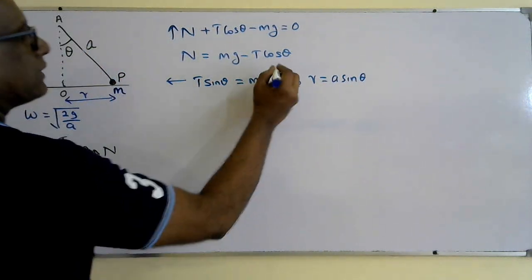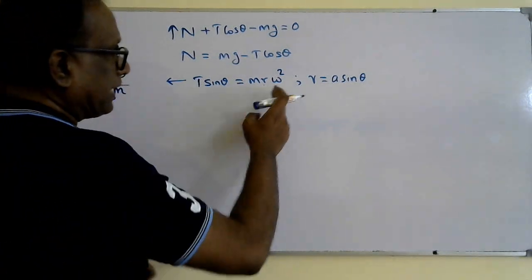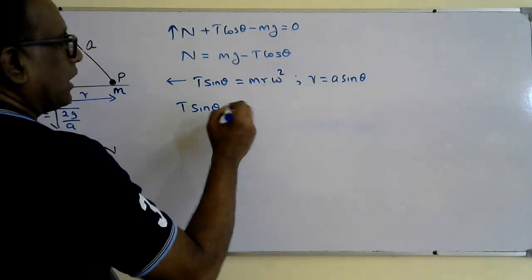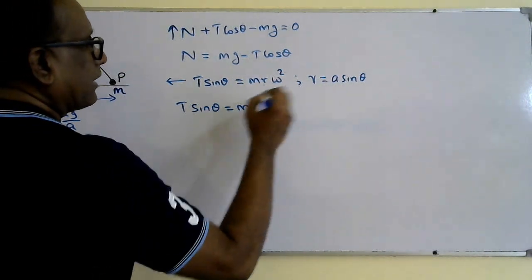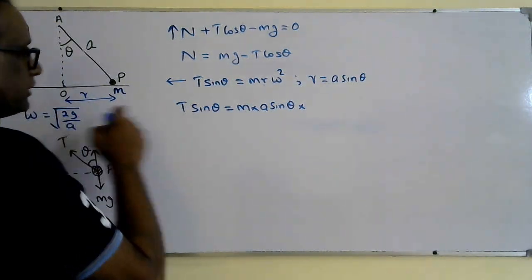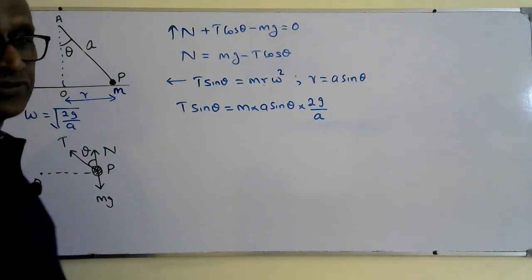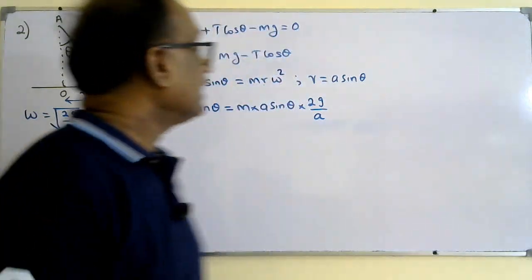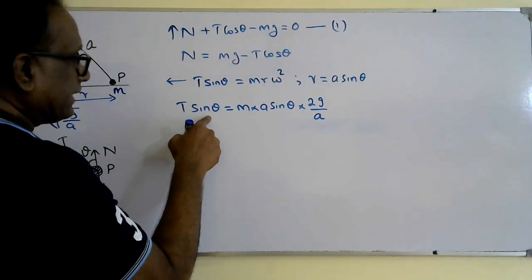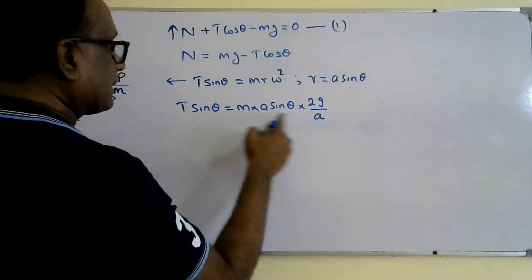And also we know that mr omega squared. Omega is given as square root of 2g over A in the question. So omega squared we can substitute. So T sin theta is equal to m, instead of r, I can write A sin theta, omega squared, 2g over A. Okay, so we'll get an expression for T, and we can substitute that T in the first equation. So sin theta will get cancelled, A will get cancelled.